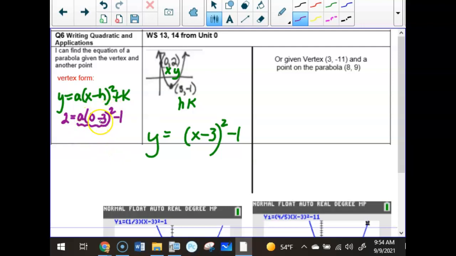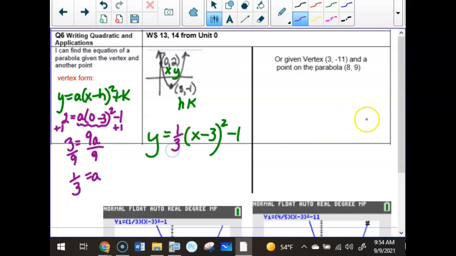This just becomes negative 3 squared is 9. Is this 9 minus 1 is 8? No, because this is 9 times a. So then we can add the 1 over to the other side and get 3. Now that answer is not 3. Be careful. You're dividing by 9, so you end up with 1/3.